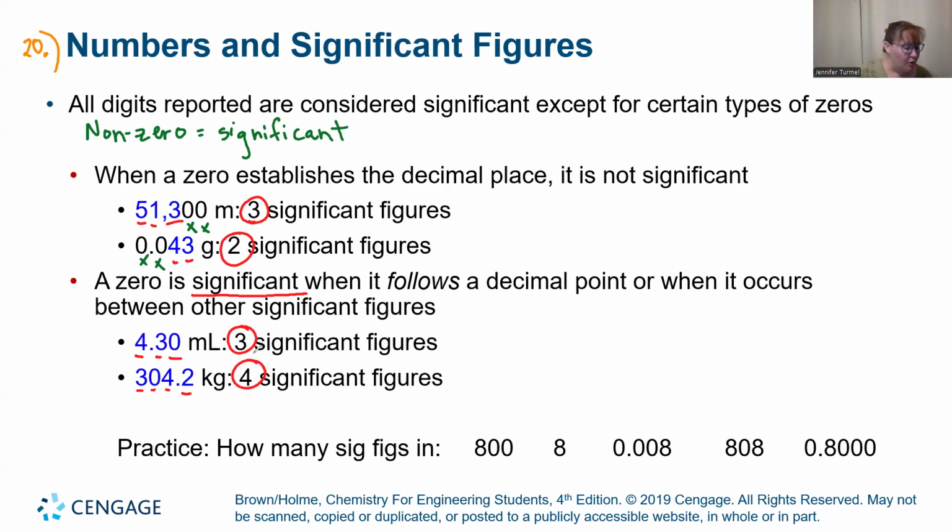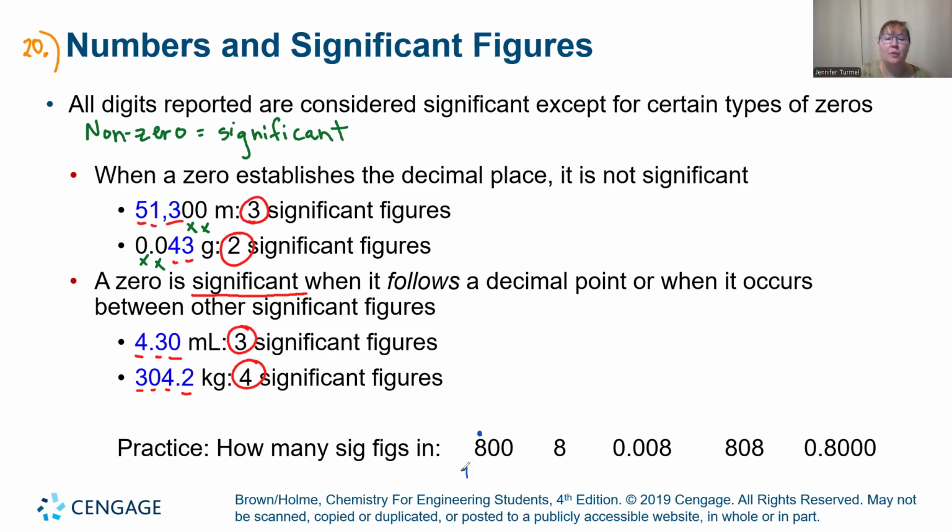So let me show you a little bit more. In this first one, we have this 800. I have these 2 zeros, and these are ending zeros with no decimal point.